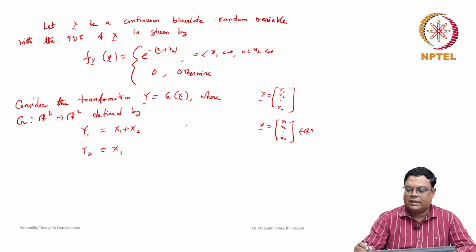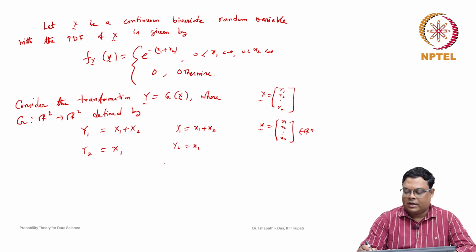For the real number case, this transformation is y1 is equal to small x1 plus x2 and y2 is small x1. If you find the inverse, then directly we get x1 is equal to y2 and x2 is equal to y1 minus y2.